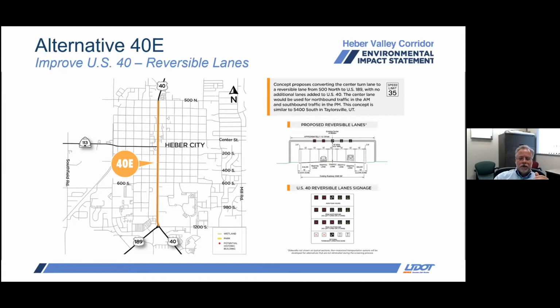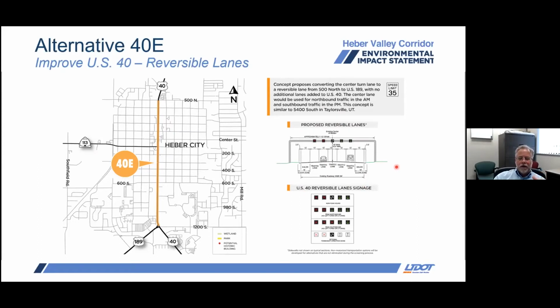With this alternative, we use overhead signs with changeable lane control signals, which would indicate the direction of travel. We use green arrows and red crosses. With these signs, which we're showing here on the right side, these sign gantries would be placed about every 500 to 700 feet along the corridor.